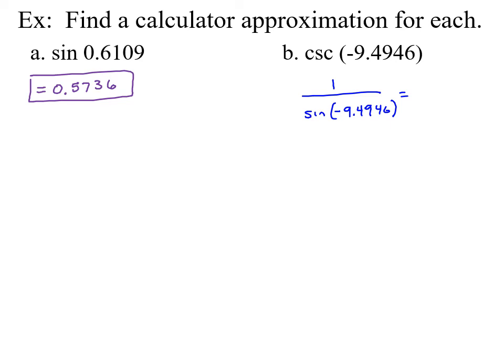And here, since it's technically cosecant, we should get a bigger number than 1 or smaller than -1. But I ended up with 14.3338 if you take it out 4 decimal places.